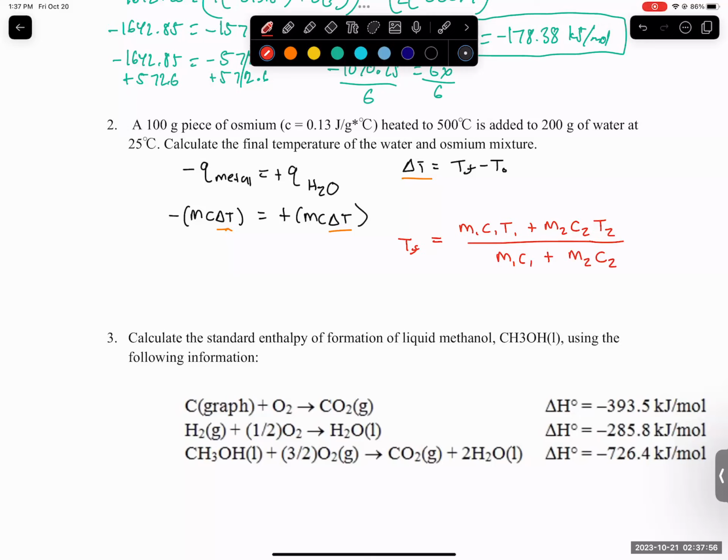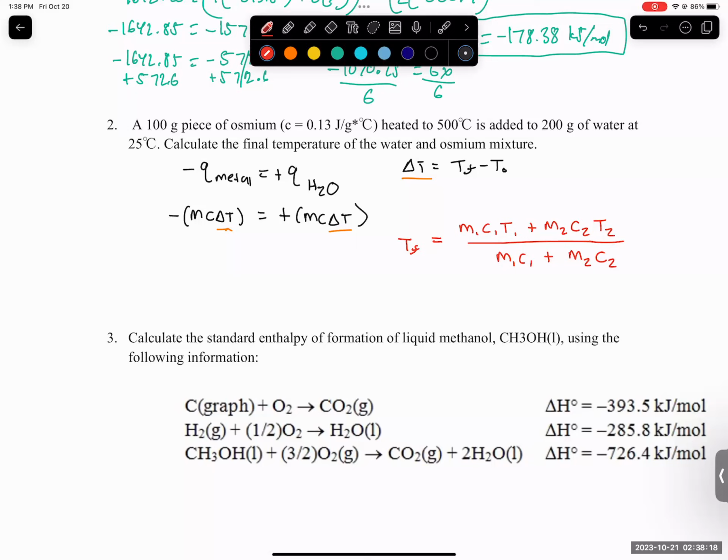So if we designate 1 as the metal and 2 as the water, then all you have to do is plug in all the information for each one, and it'll spit out the final answer of T final. All right. So you might say, oh, this equation has so many different variables, I'm not going to memorize this, I'd rather just do the math.